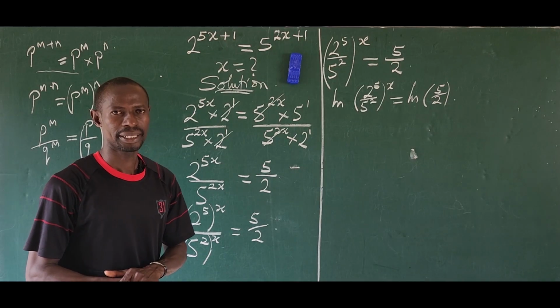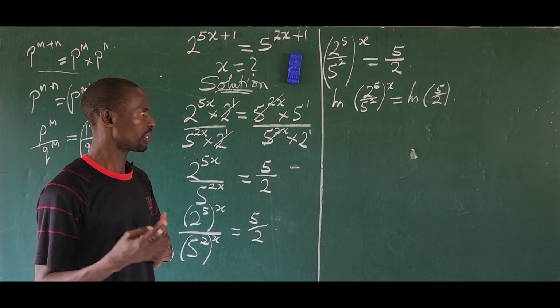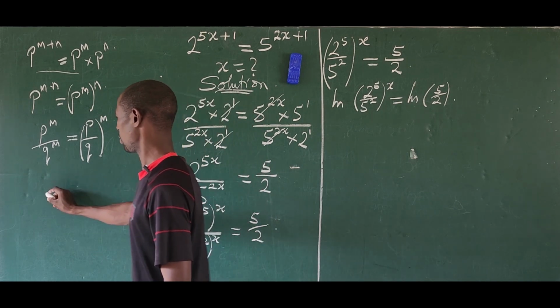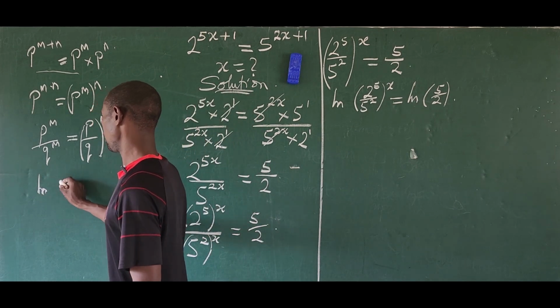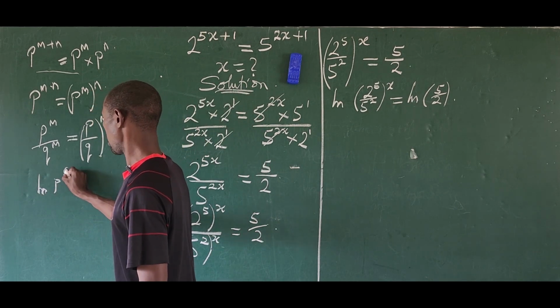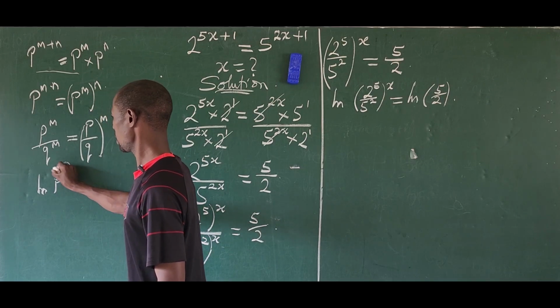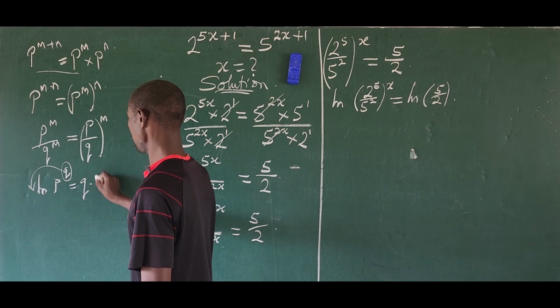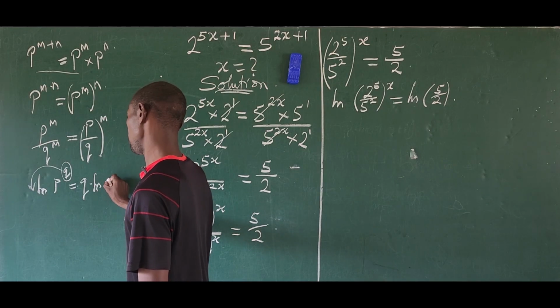So we apply the first rule of the power law of logarithm, which says if you have the ln of p all raised to the power of q, then move this q to the front to give us q times the ln of p.